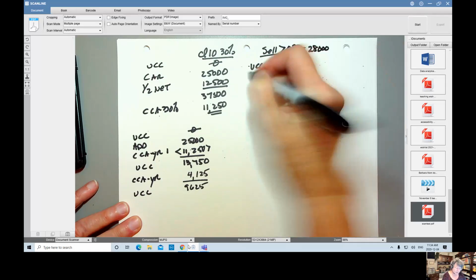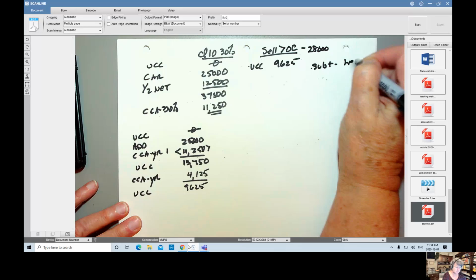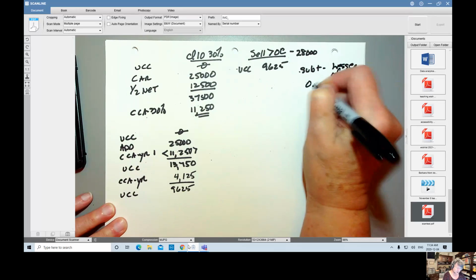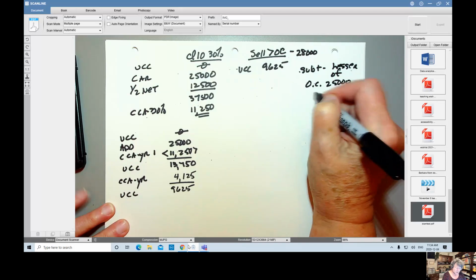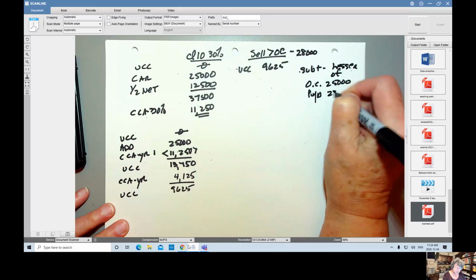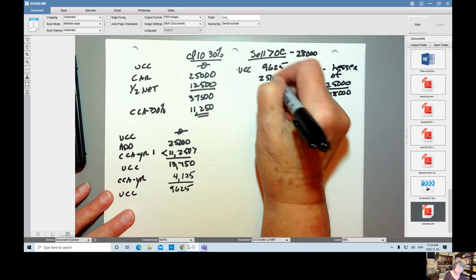So once again, on a sale, what I do is I subtract the lesser of the original cost, which was 25,000, and the proceeds of disposition, which is 28,000. So the lesser of those two is 25.